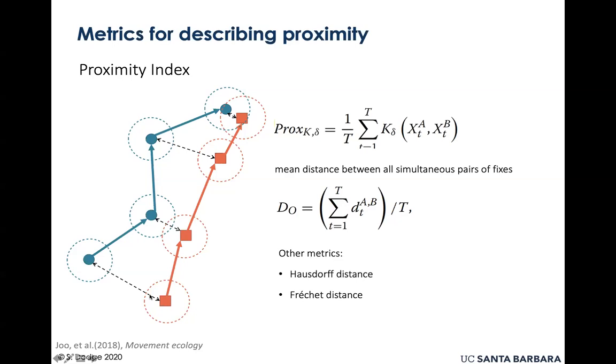There are other spatial distance measures that you can use, such as Fréchet distance and Hausdorff distance, that calculate the minimum distance across a window of time.